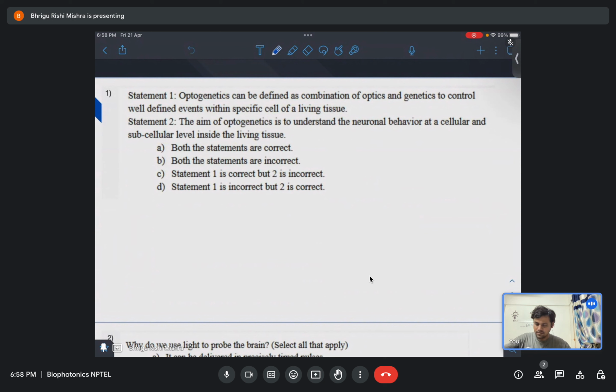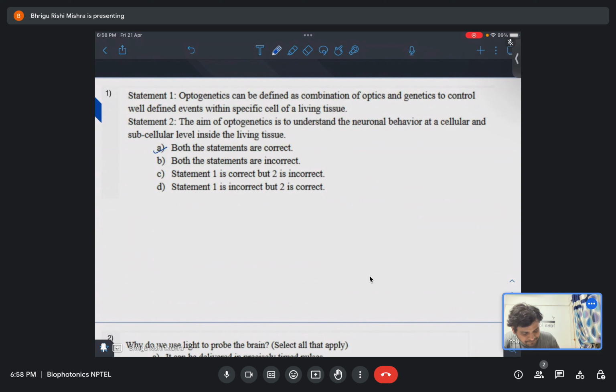Both the statements are correct if you have gone through the lectures. Optogenetics is basically what is given in these two statements. So let's discuss it in a little bit of detail.